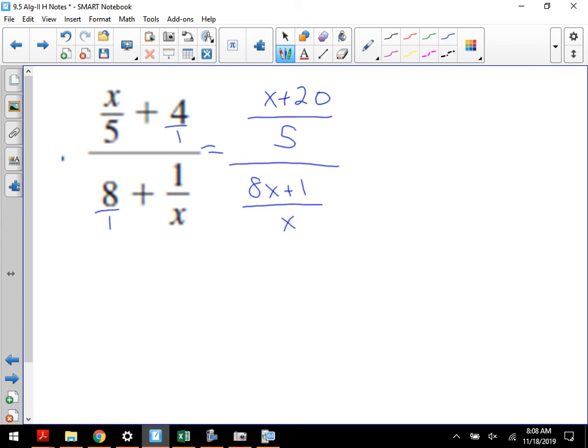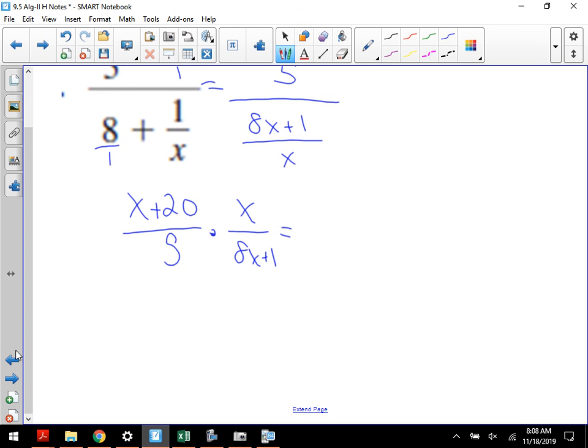So you wind up with x plus 20 over 5 times x over 8x plus 1. And this is where you get your, oh, and then multiply out your numerator. x squared plus 20x.